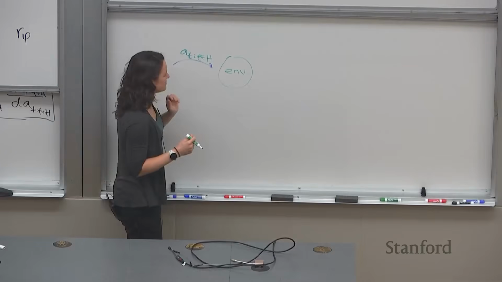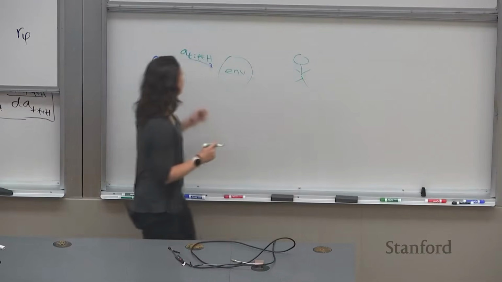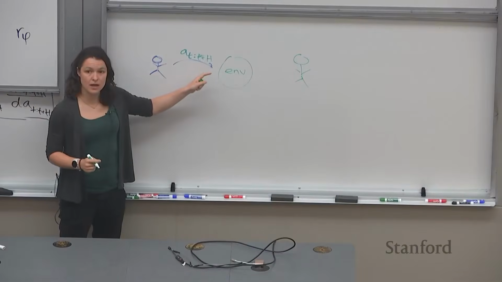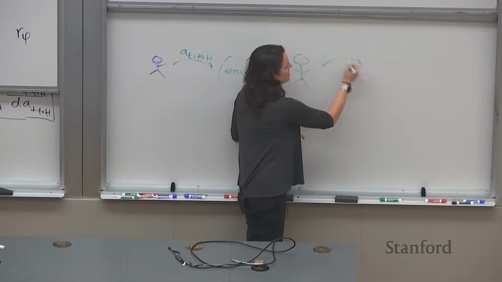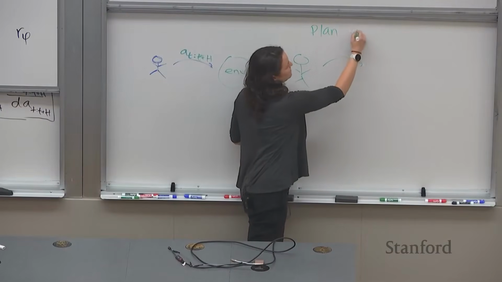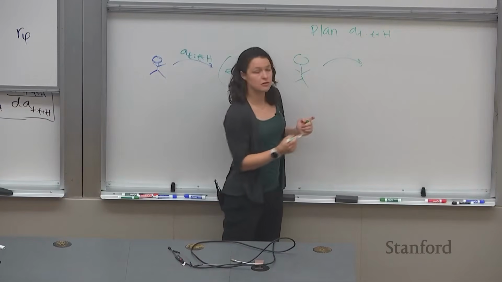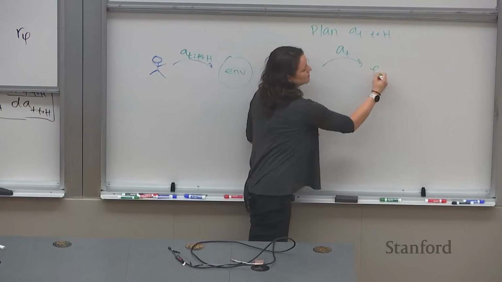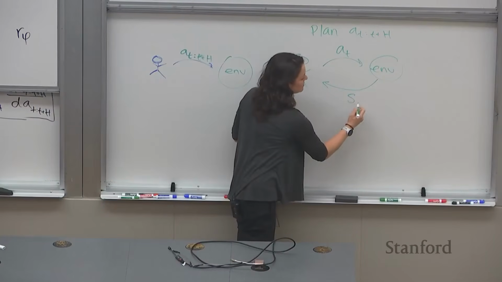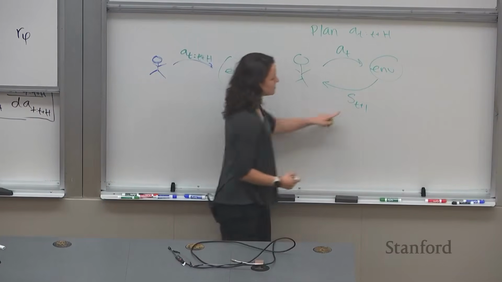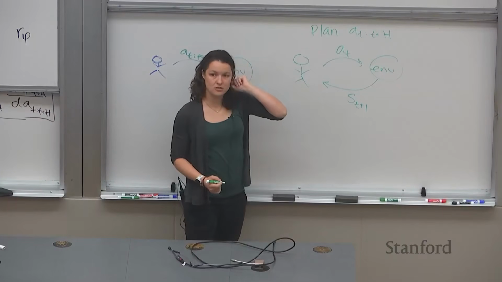And one alternative that you can consider is something where at each time we plan a_t to a_{t+H}, but we only actually execute a_t in the environment. Then we get the next state back in return, and then we replan at the next time step a new set of actions.